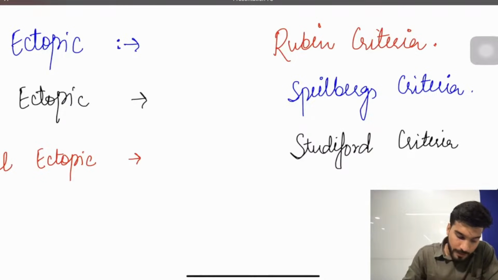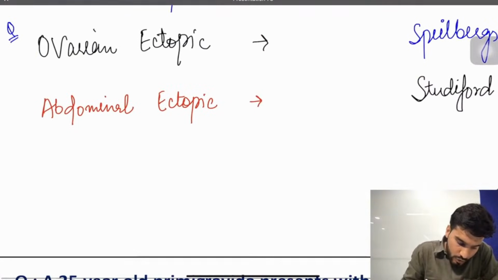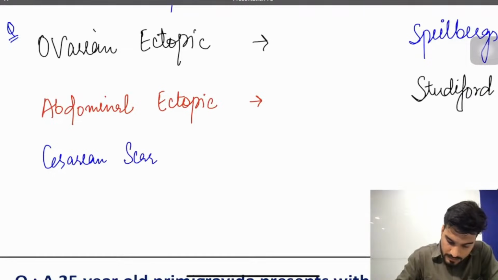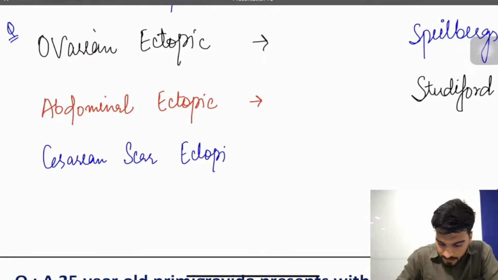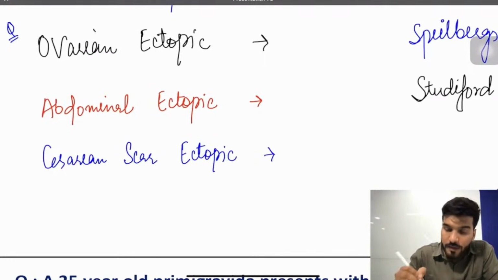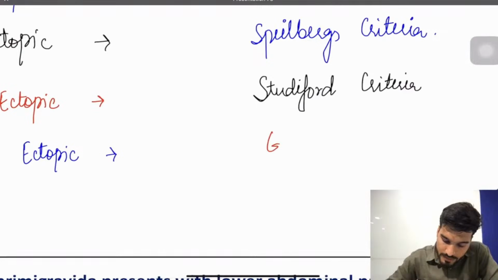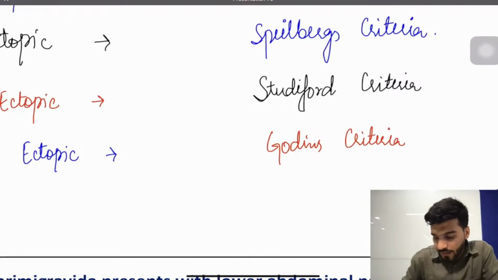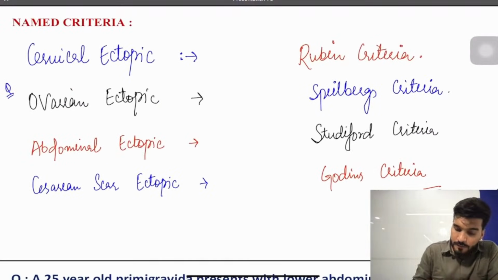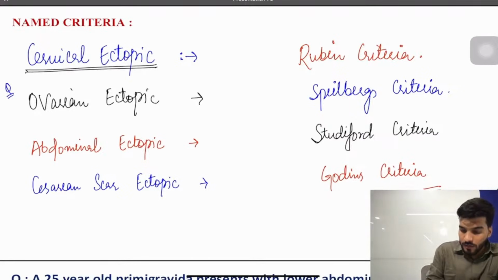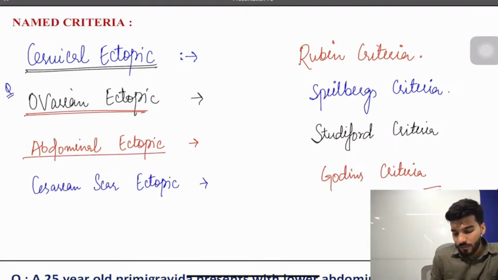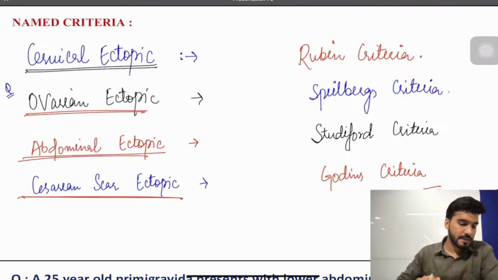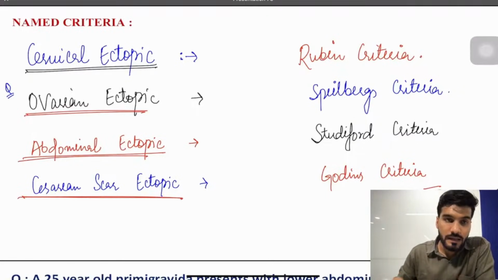The fourth one will be if a patient is having a cesarean scar ectopic pregnancy; the cesarean scar ectopic has a criteria called Gordon's criteria. That's all. So remember, we have cervical ectopic, ovarian ectopic, abdominal ectopic, and cesarean scar ectopic. These are the named criteria.